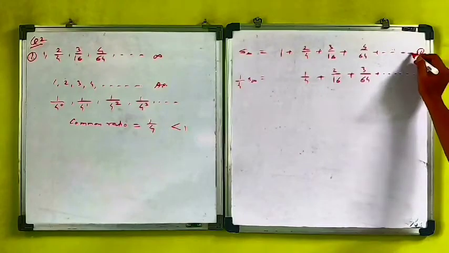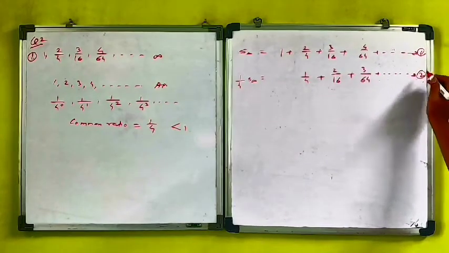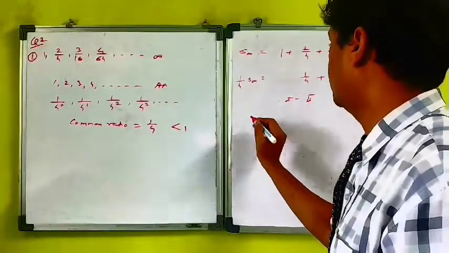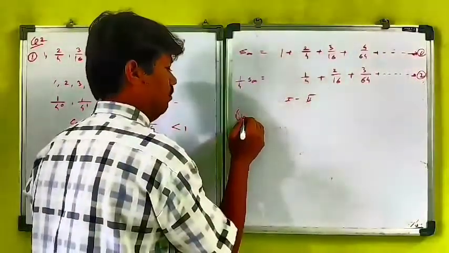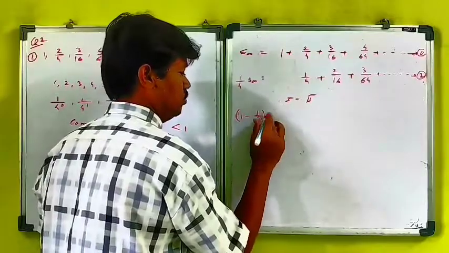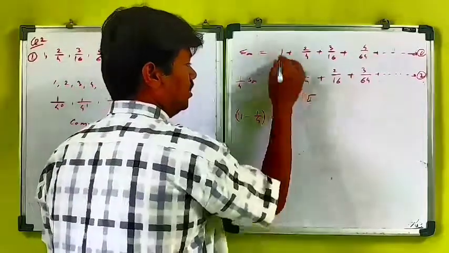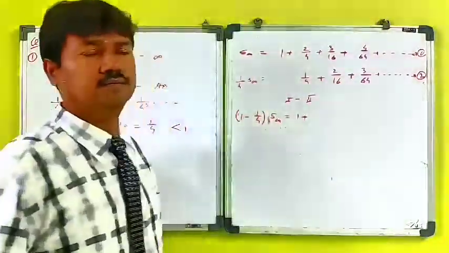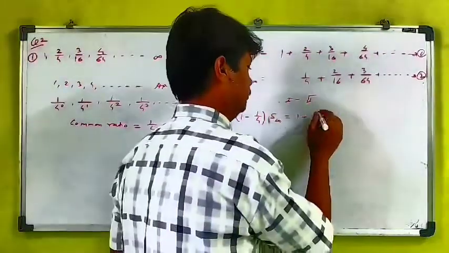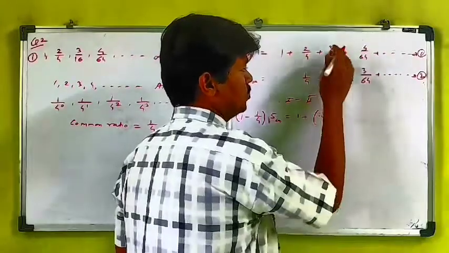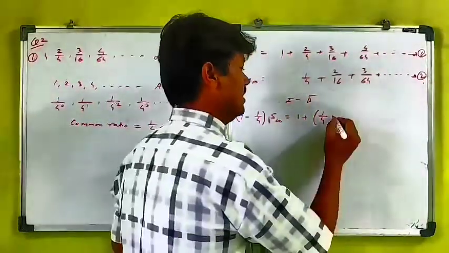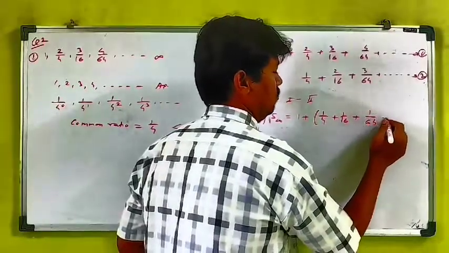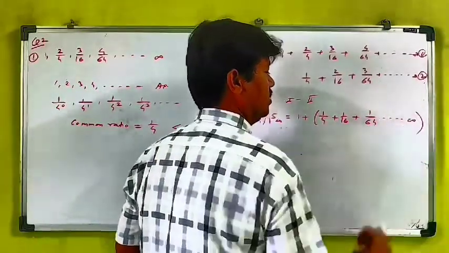This is number 1, this is number 2. So 1 minus 2, that is 1 minus 1 by 4 into S infinity. Here the 1 is as it is, plus 2 minus 1, which is 1 by 4. The next is 1 upon 16. Next is 1 upon 64, and this is an infinite series.